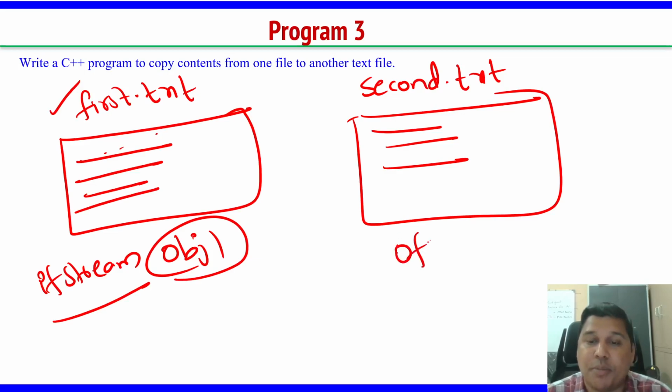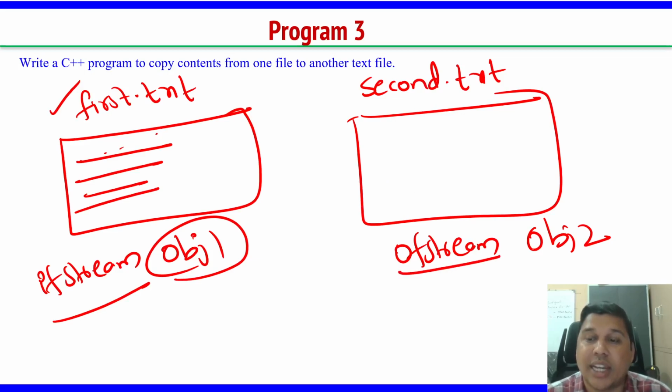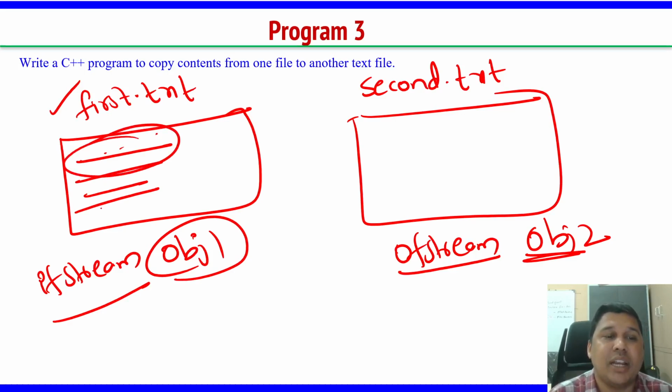Then create another object, obj2, with ofstream. What will this obj2 do? It will help me write content into this file. The second text file is empty, and you can create an object for write permission using ofstream. How do you copy content from this file?